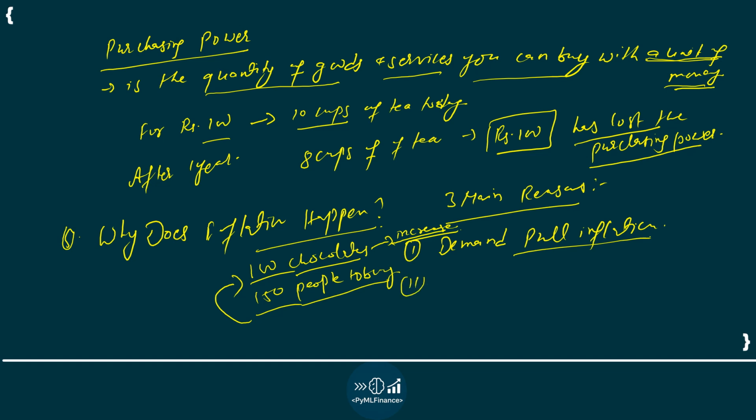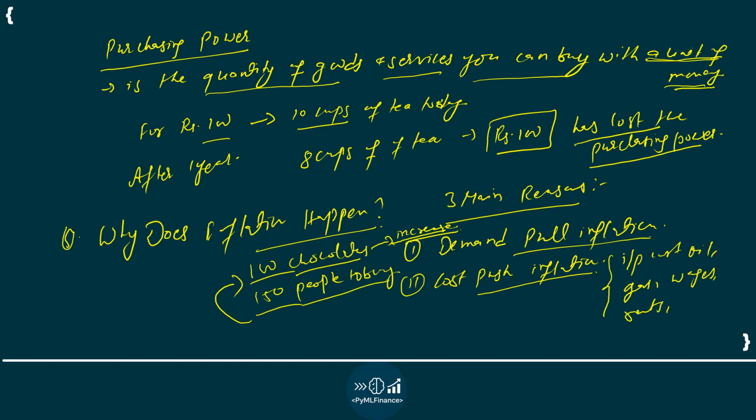Now the second is cost push inflation. For any goods or products to be manufactured, there are certain input costs like oil, gas, wages, and rents.